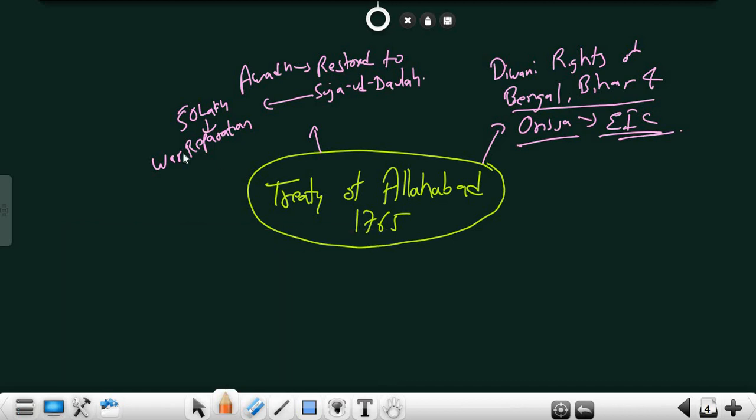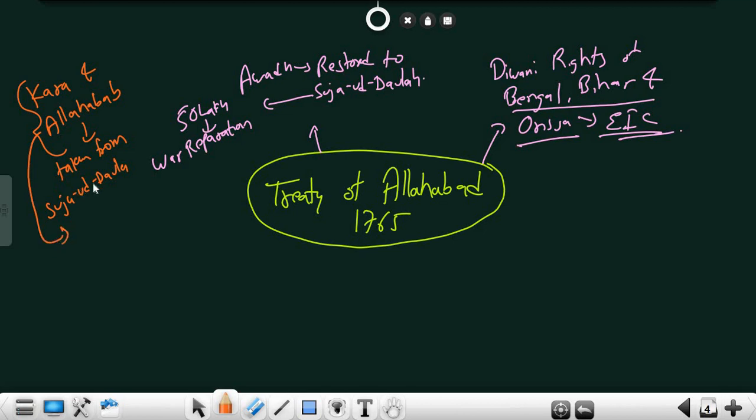And the administration of Kara and Allahabad was taken from Sujauddaulah, and it was given to Shah Alam II.